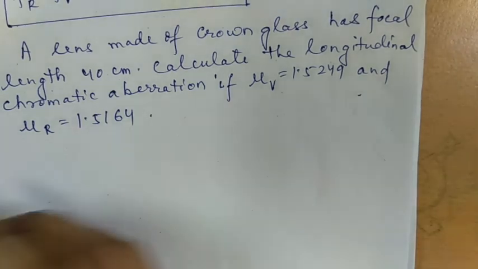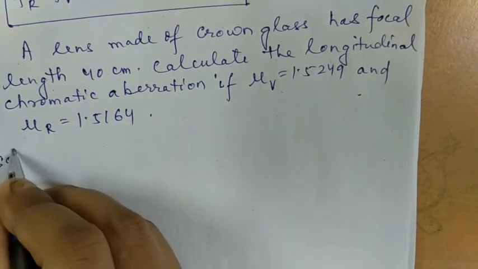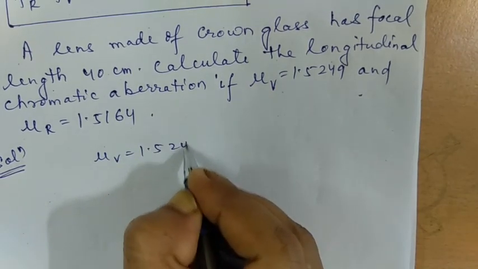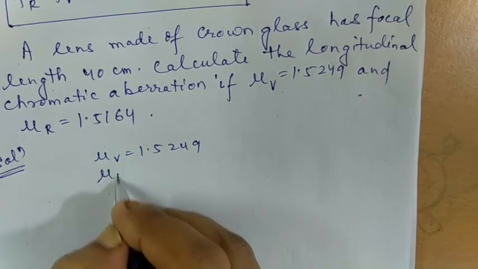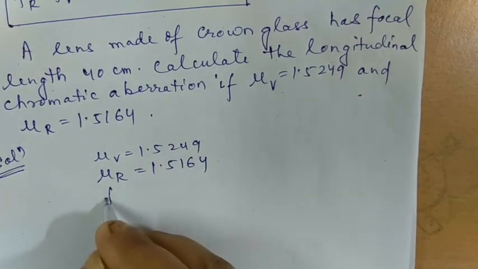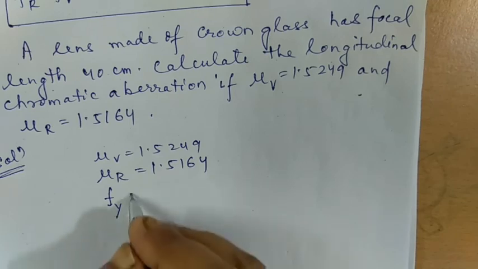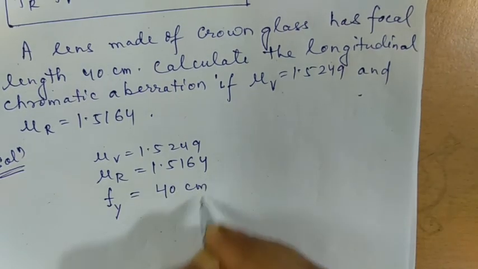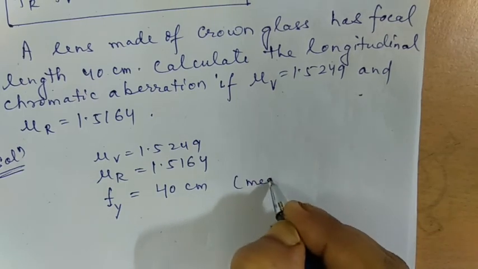So just write the values given first. Mu V is 1.5249, mu R is equal to 1.5164, and the focal length, for yellow color, that is the mean focal length, is equal to 40 centimeter.